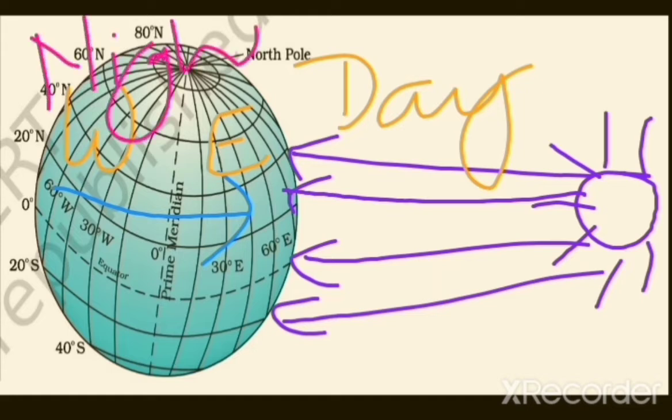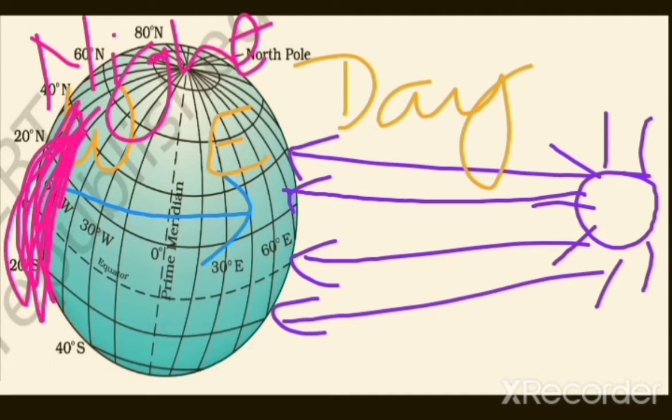Why is it night? It is night because sun rays are not falling on this area. Sun rays are falling on this area only. So all the areas in the eastern direction of the prime meridian get the sunlight before the western direction of the earth.